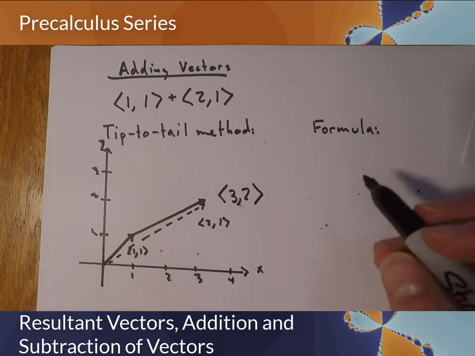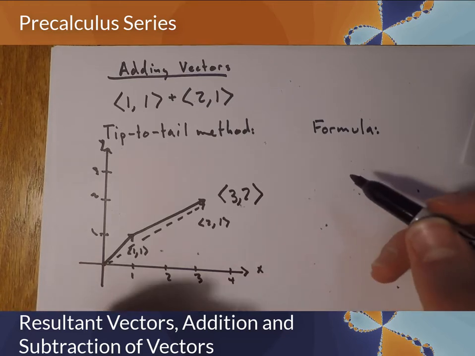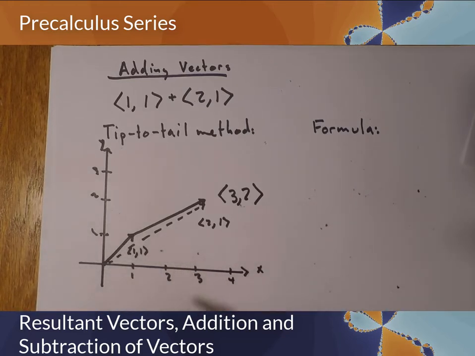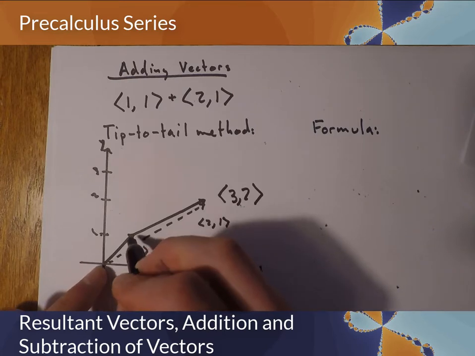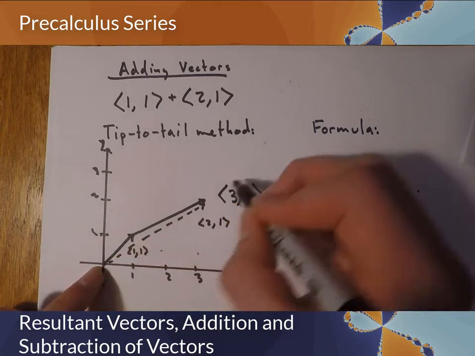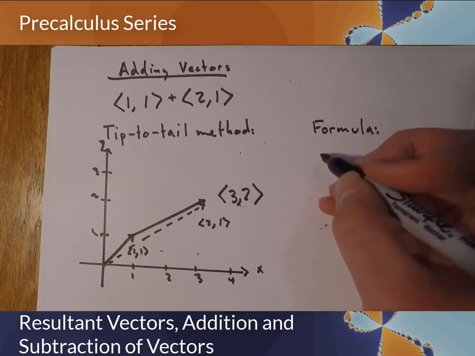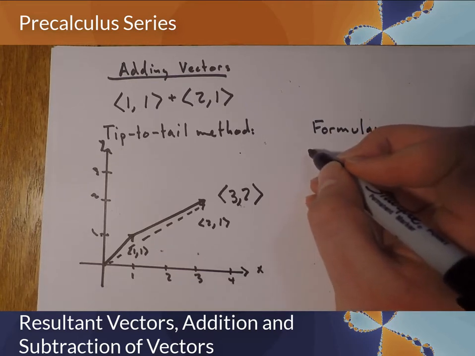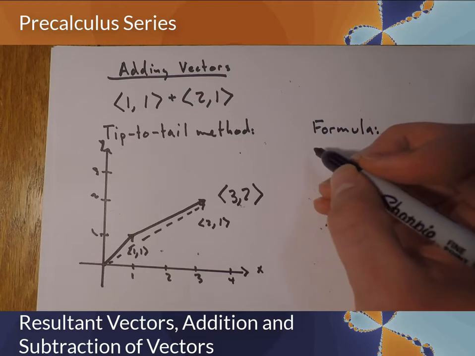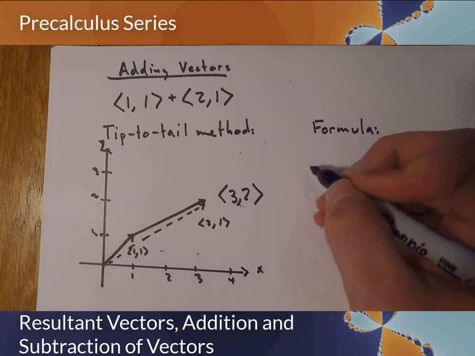So you can pretty much attach vectors tip to tail, and once you've attached them all, you take it from the beginning all the way to the end. Now this formula right here is also a nice handy way, and it's just a manifestation of what the tip to tail method already does.